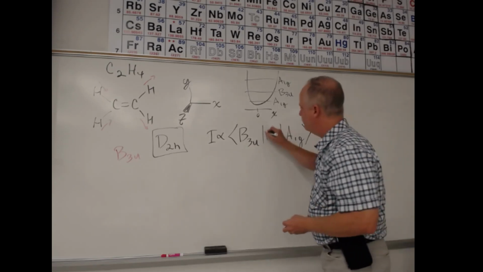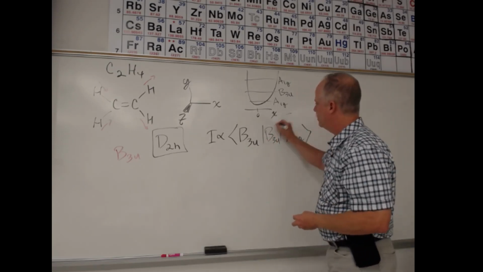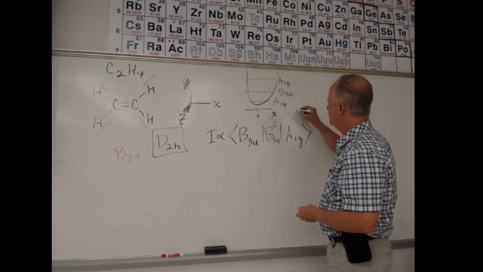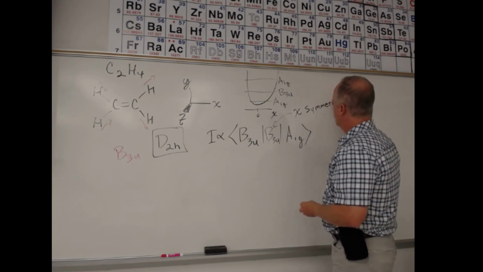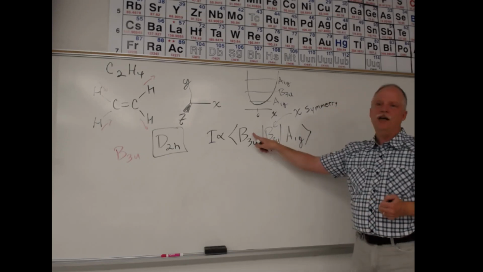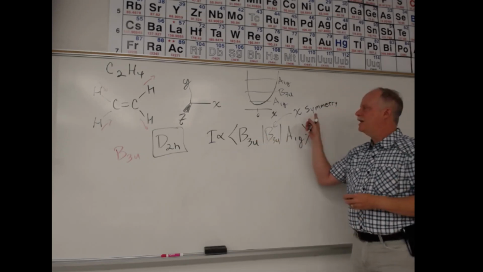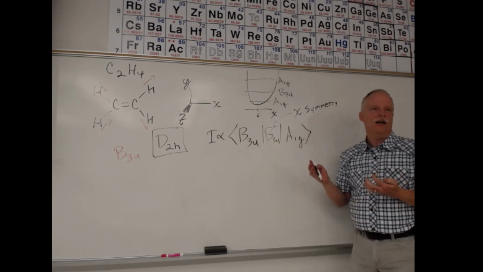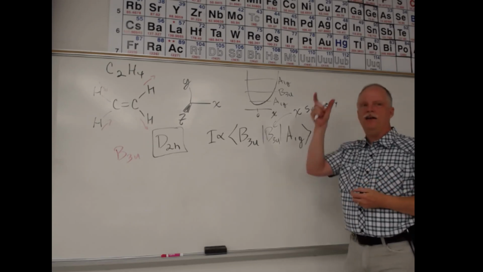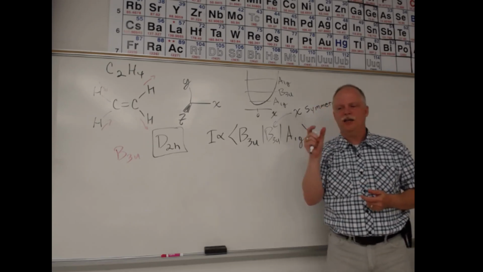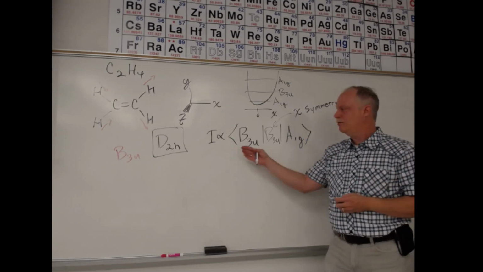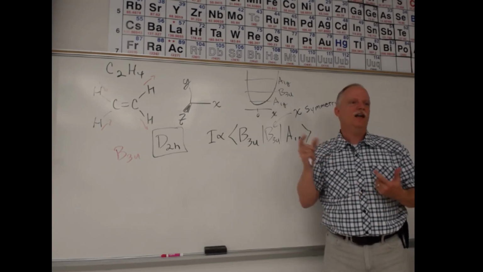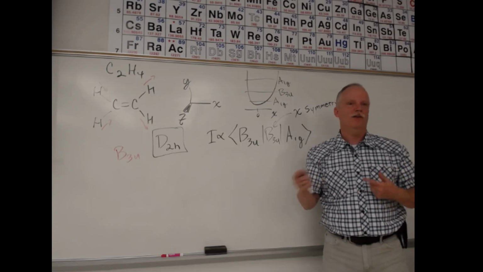So we need B3u here, and that is X symmetry. And so if the vibration is X symmetry, we need X polarized light to excite it. That's why in the other character tables there was that IR column: if the mode was B3u, it was X symmetry, then light of X symmetry will also excite that vibrational motion.